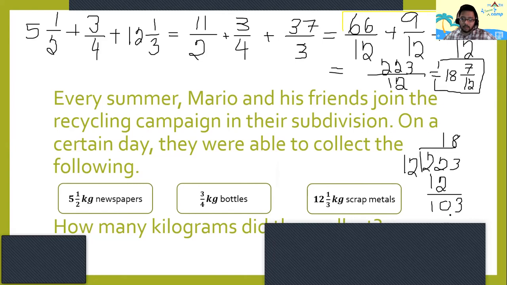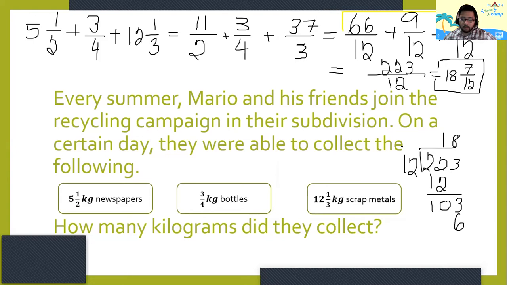Kaya siya 8. 8 times 2 is 16. Carry over 1. 8 times 1, 8. Di ba? Minimultiply natin dito. So that's 96. Remainder of 7. So 18, the 12 this one, and then the remainder.